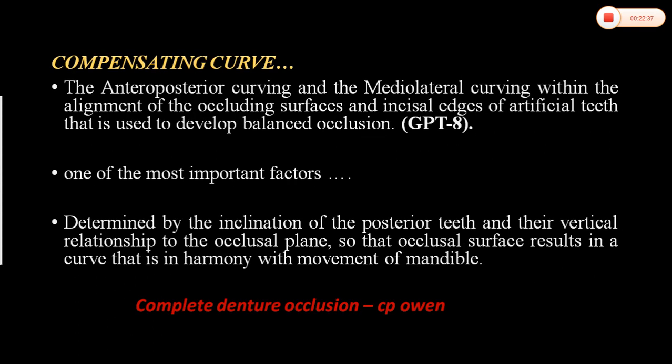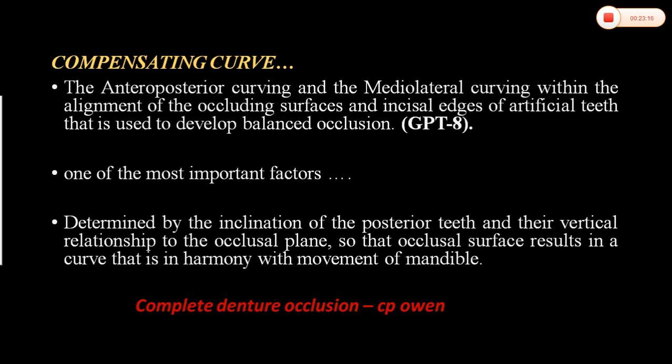So the compensating curve is a very important factor in balanced occlusion. It is the anteroposterior and mediolateral curving within the alignment of the occluding surfaces and incisal edges of artificial teeth that is used to develop balanced occlusion. When we are setting our teeth according to the mandibular movement, which is determined by the condylar path, depending on this condylar path we have to arrange our teeth to develop compensating curves.